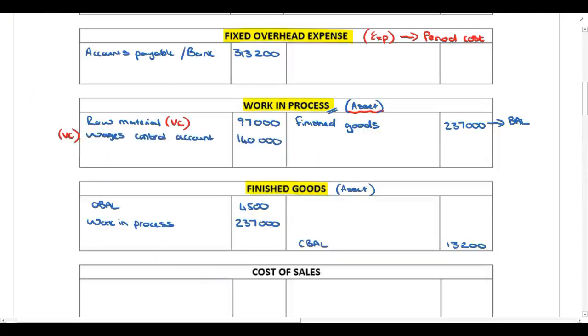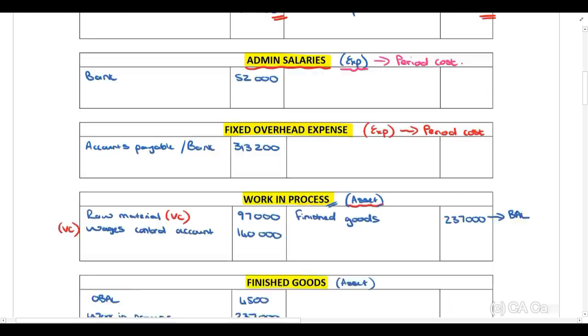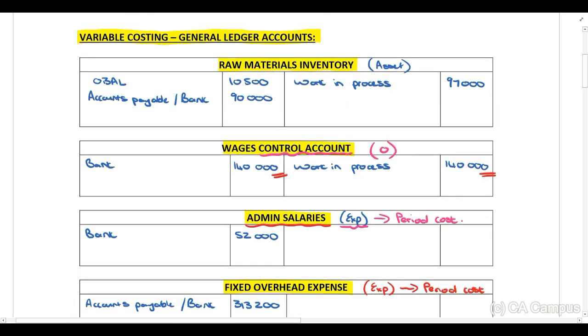Right, then just go back to your general ledger accounts and let's make sure everything here has been closed off. So for our raw materials inventory, we're going to have a closing balance over here at the end of the month. So calculate what that closing balance is so that this account balances. We'll have a closing balance of 3,500 Rand at the end of the month.